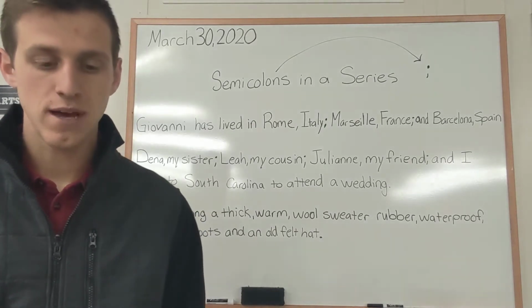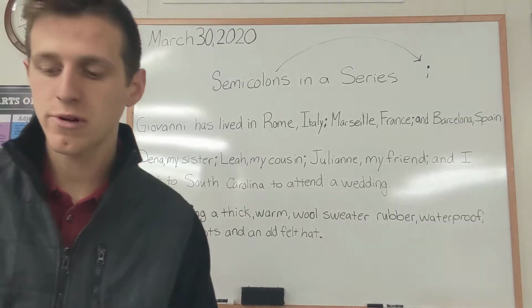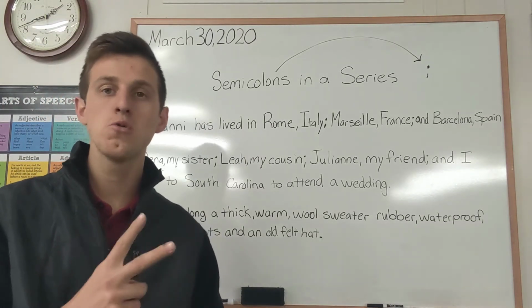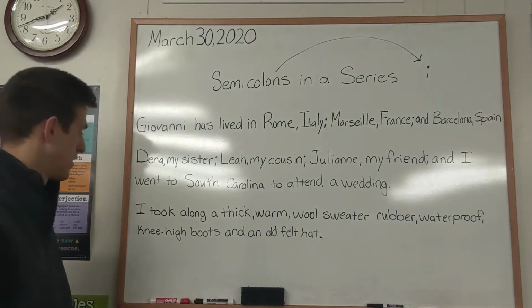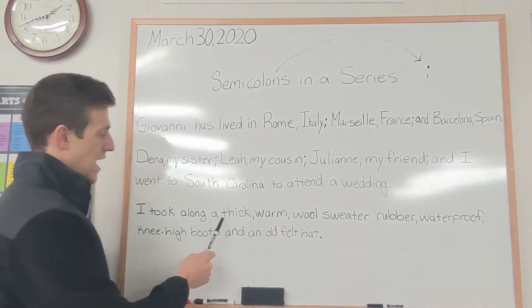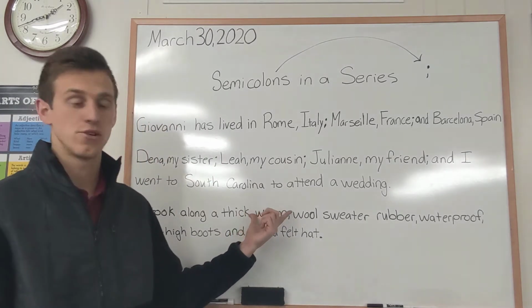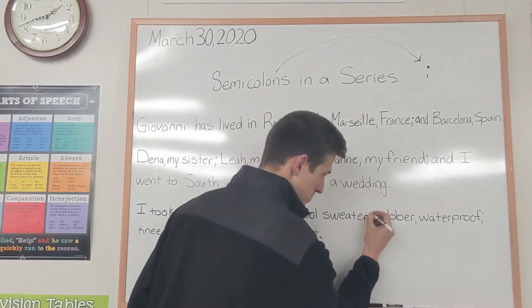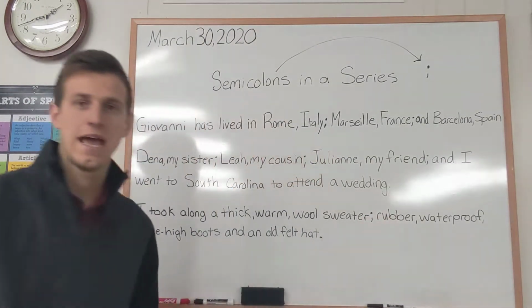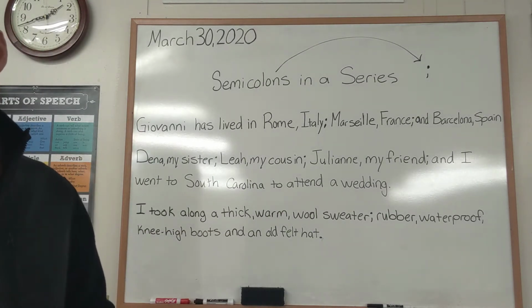And turning to the next page, we have one more arrow. It says use a semicolon with a series of items with 2 or more adjectives. If you look up on the board, I took along a thick, warm wool sweater. So we have 3 adjectives here describing our sweater. So we are going to put a semicolon after a series of items with 2 or more adjectives.